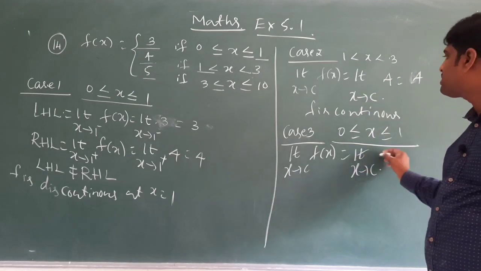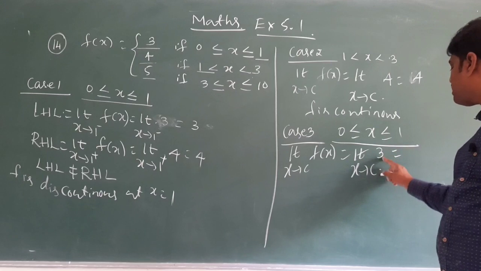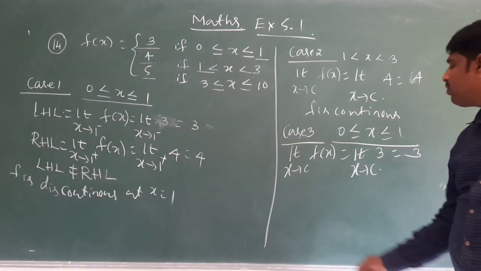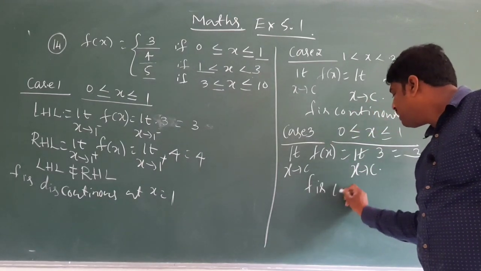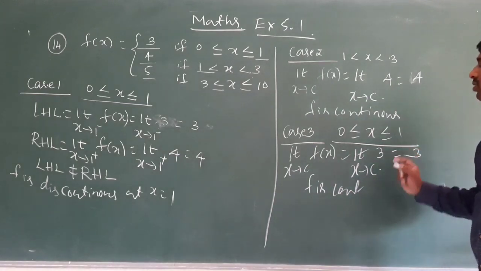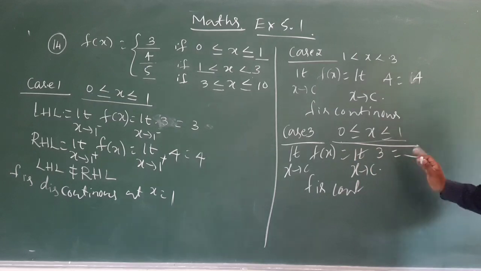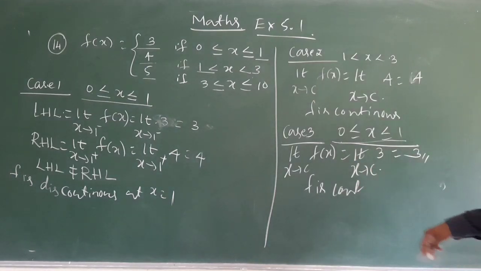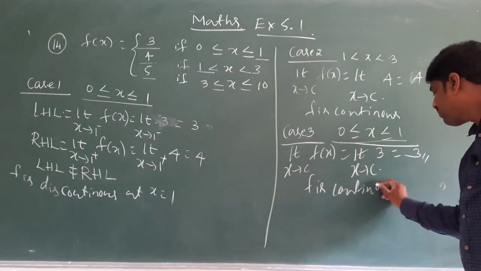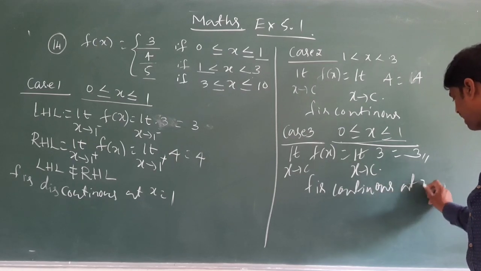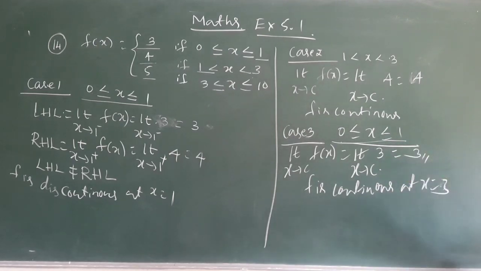What is f of x? It is 5, so the limit of a constant is that constant. Therefore f is continuous. For this type of interval, you just have to check the limit and we will get the value. Therefore f is continuous at x is equal to 3.